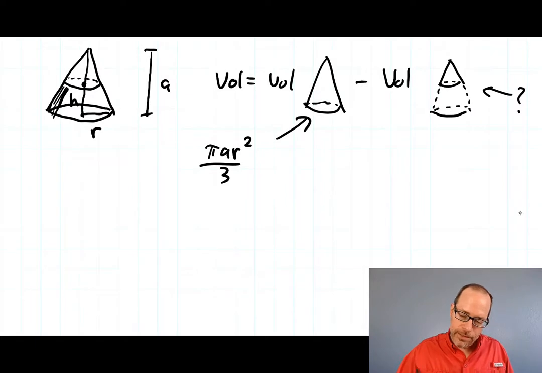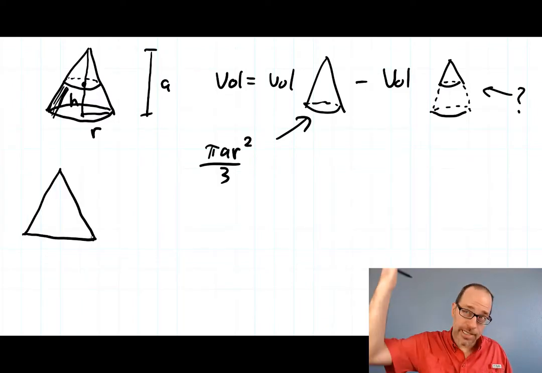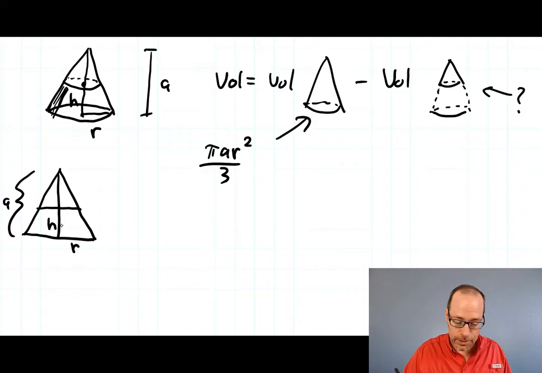So really figuring out that volume just means we know that smaller cylinder's radius and its total height. So I'm going to draw a cross section of this conical cylinder. We slice it from the top right down the middle. Then this whole height is a, this is r, and this was the height h.